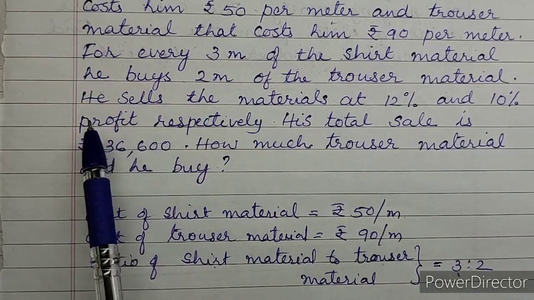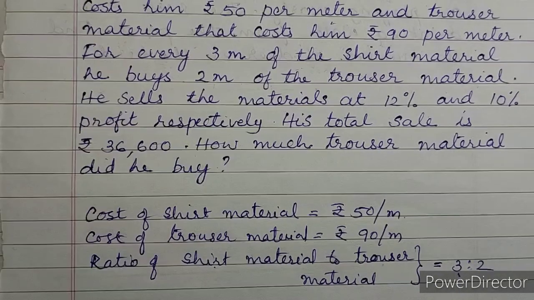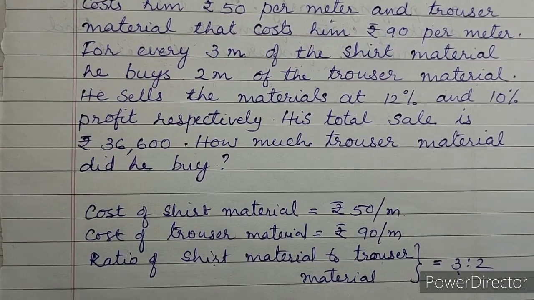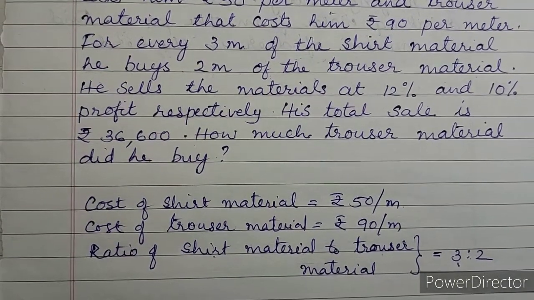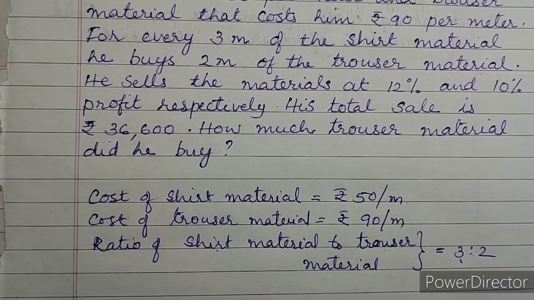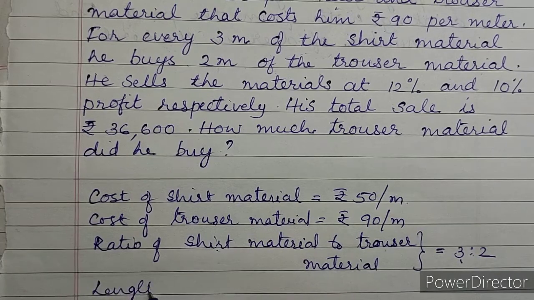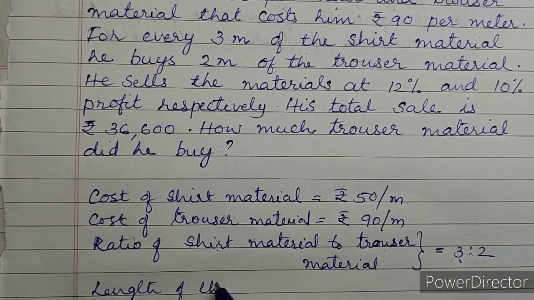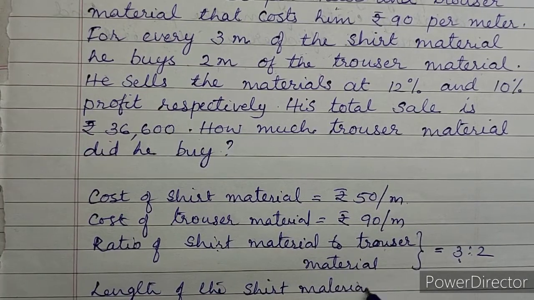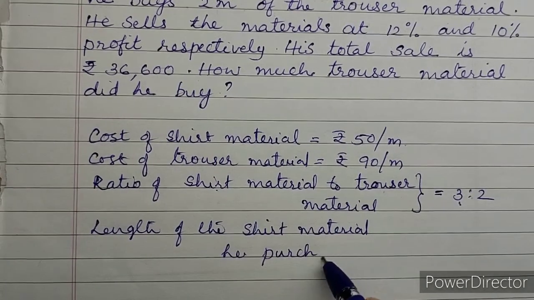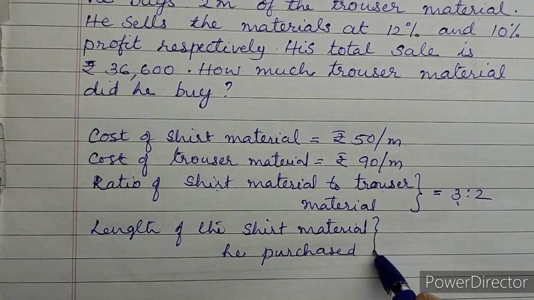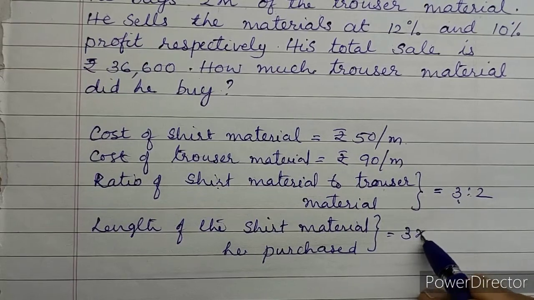Now, if ratio is given, how will you find the length of the shirt material he purchased? You have to open the ratio by multiplying with one variable. So length of the shirt material he purchased equals 3 into a variable.